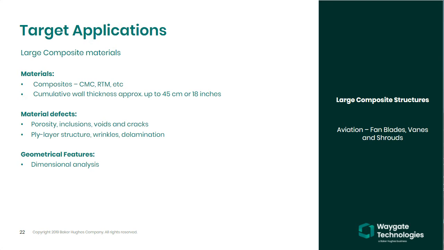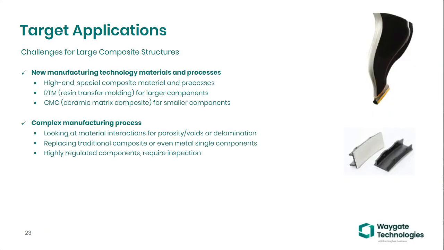These are also things that may be a good fit for high energy: blades, vanes, shrouds, etc. Again, these are examples of large composites, with all these new manufacturing processes coming. They're very complex. We're creating defects we haven't seen before, and taking a look at those.